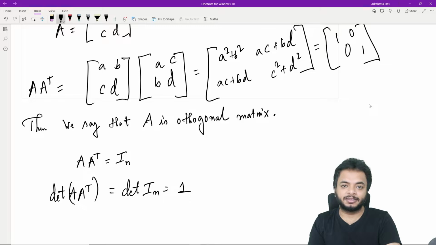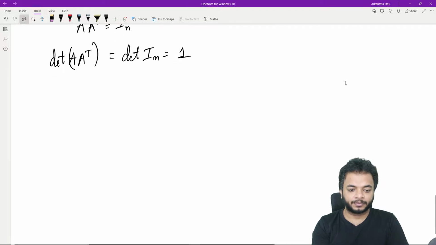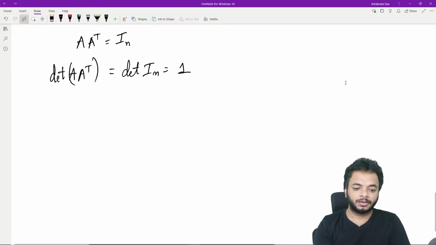The determinant is basically a function which takes matrices to real numbers, and also the determinant is a multiplicative function.